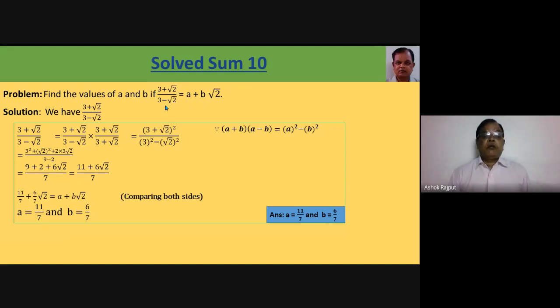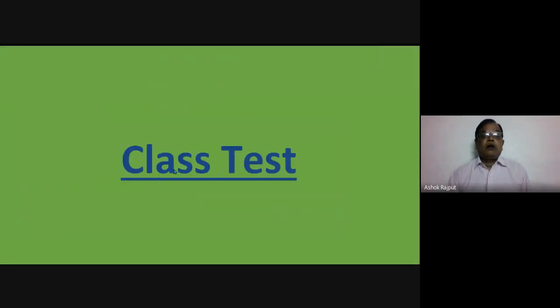So it is a very important question. So we will solve it and practice such types of questions and now we are going to give you a class test. It is very important because we have explained such type of sums.